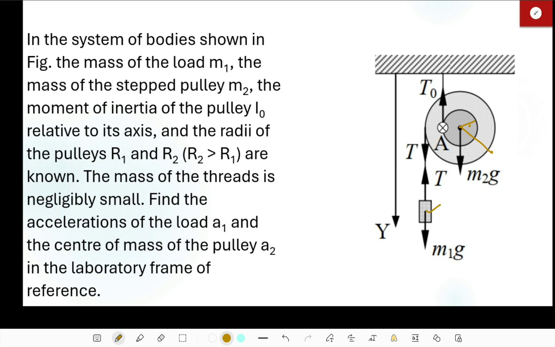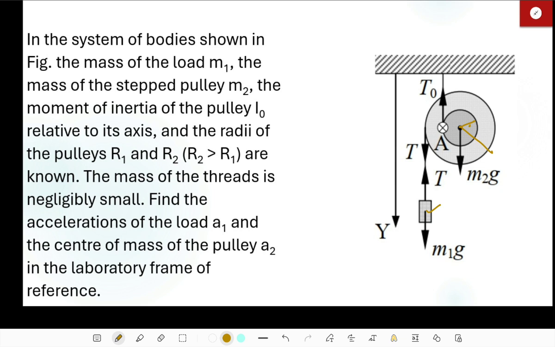You should too, because it is a good habit, since we need to find the acceleration of the pulley or the load with respect to the lab frame. An instantaneous axis of rotation in the lab frame is always good, and we can easily guess where it is in such cases.